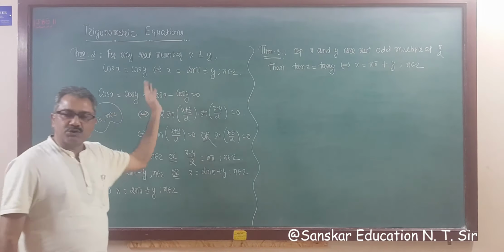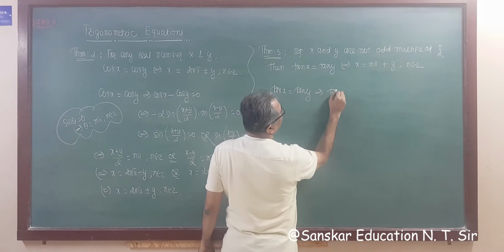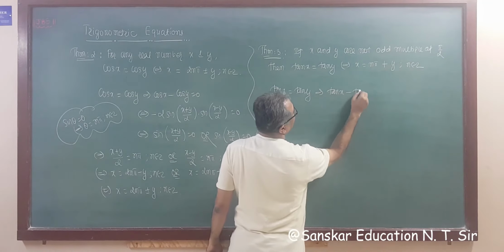Now it is given here, tan x is equal to tan y. So this implies tan x minus tan y is equal to 0. And also it is given that x and y are not odd multiples of pi by 2.